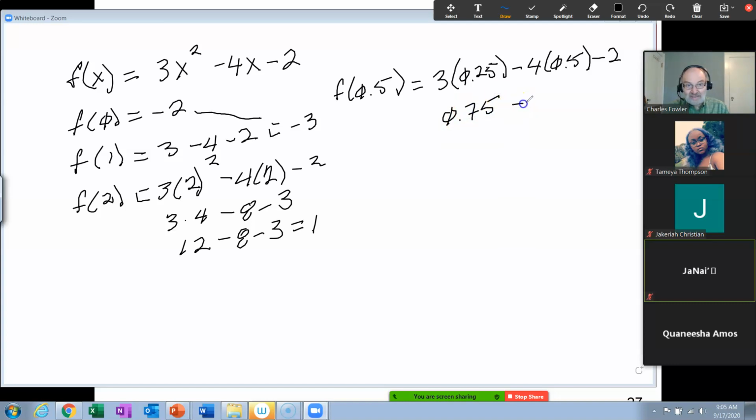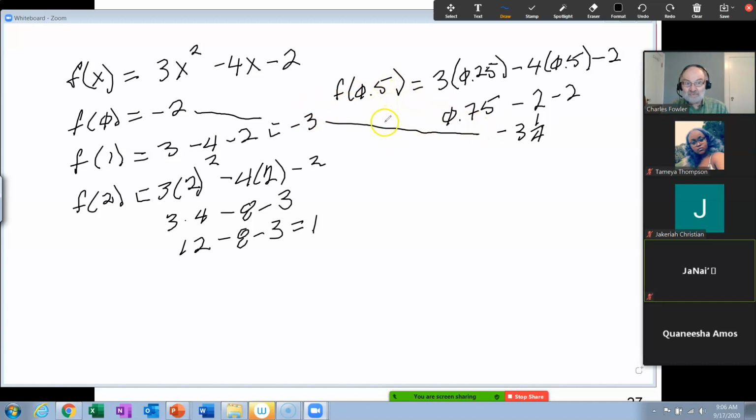And this is minus 2 minus 2. So this will be minus 4 plus 3/4, so that will be minus 3 1/4. I'm bouncing back and forth between decimals and fractions. Ho! That's less than either one of those. So now I'd say the minimum must be between 1 and 0.5. Looks like it, right? This was minus 3, that was minus 3 1/4.